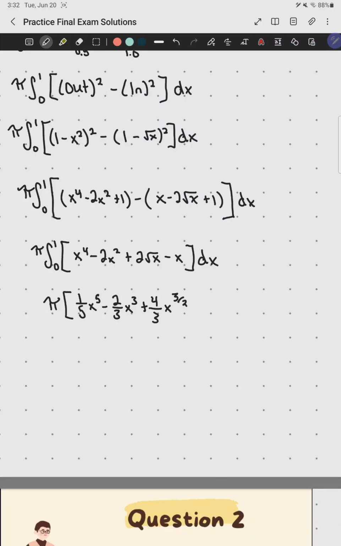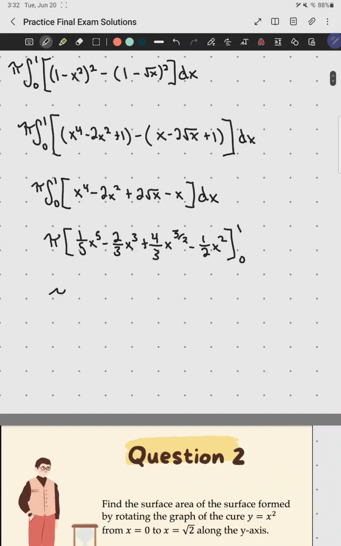Three over 2. Sorry, had a brain lapse there. x squared, from 0 to 1. The 0 you do not have to worry about. It'll cancel everything in here out. So what you are left with is, let me do some quick maths here.